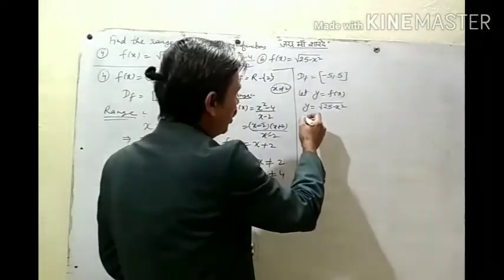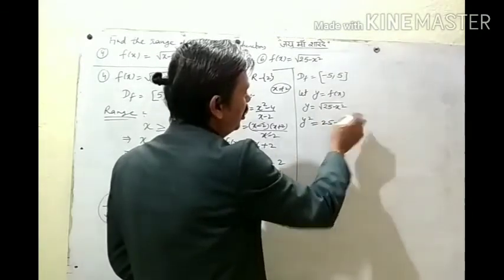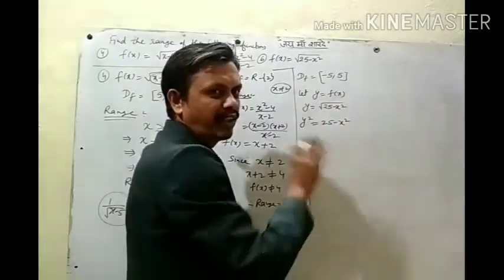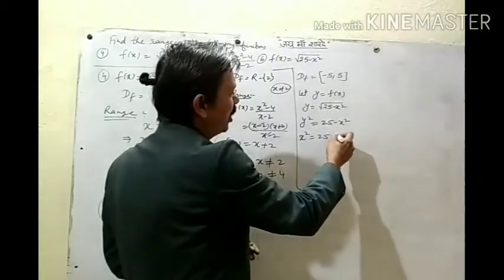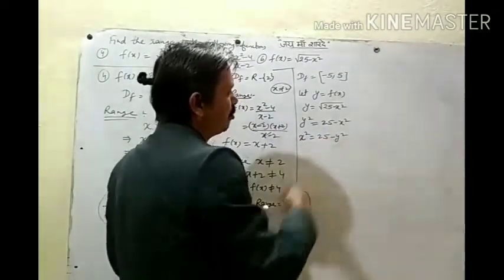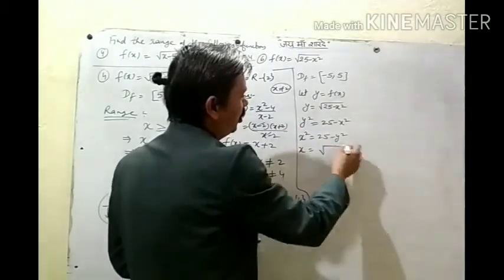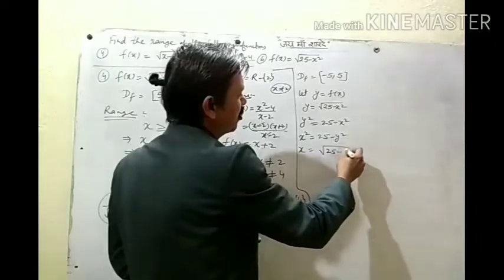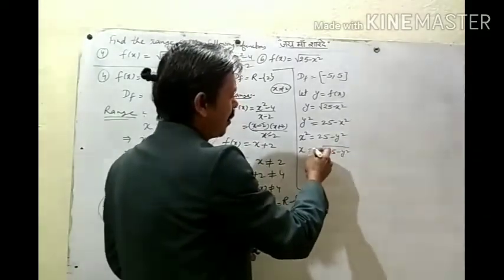So we get y square equal to 25 minus x square. To eliminate this root, taking square on both sides, x square will be 25 minus y square. Transpose x square and y square. So x will be root of 25 minus y square. Or if you write plus minus, no problem.